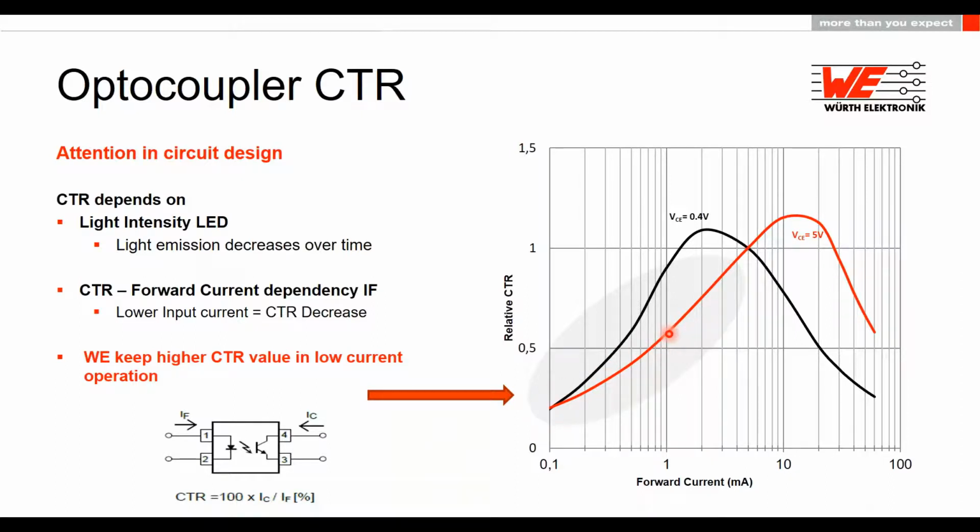So you can drive it with 1 milliamp without any problem. This is a big benefit because there are also optocouplers on the market whose curve is under this curve, and so we keep a higher CTR value in low current operations, in this region.